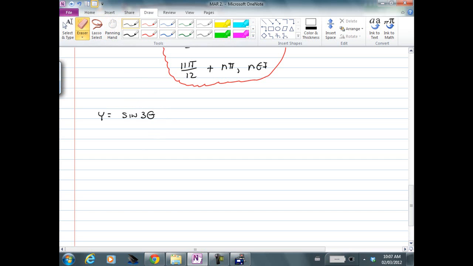Okay. There's my equation. So I want to ask you from 0 to 2 pi, sine 3 theta equals, let's say, root 2 over 2.